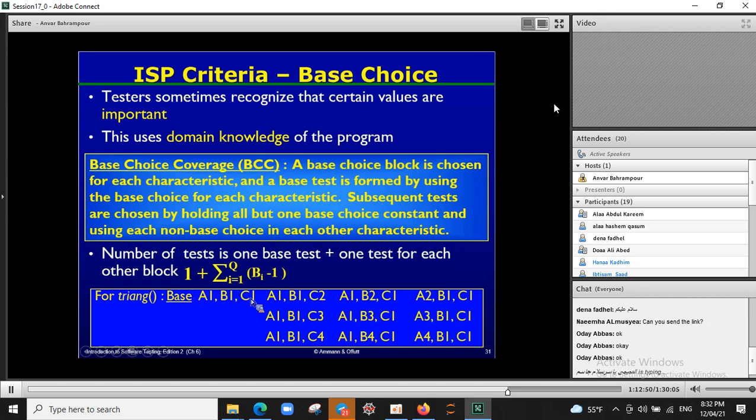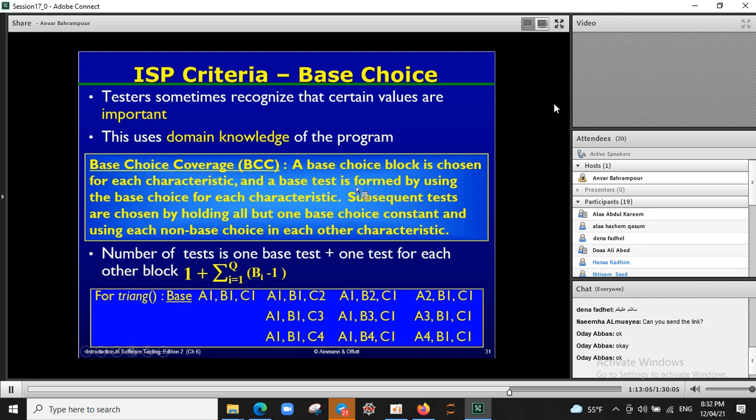For the second characteristic, the base block is B1, and for the third characteristic, the base block is C1.